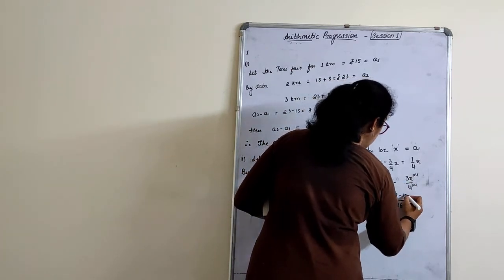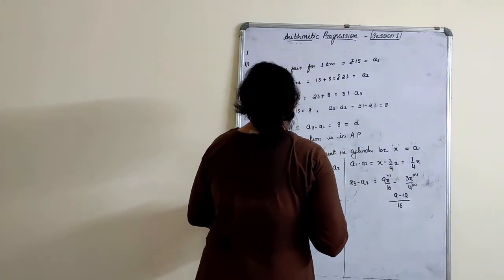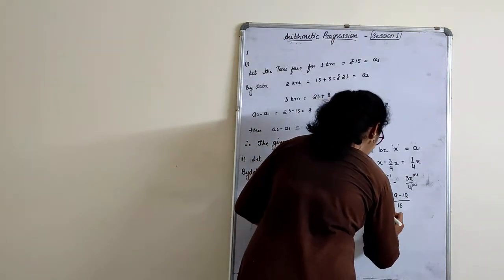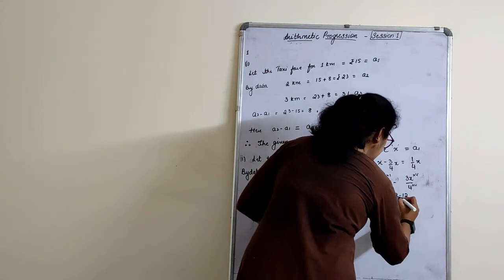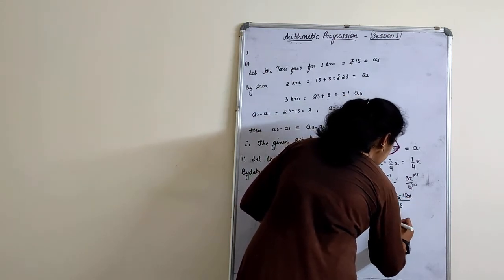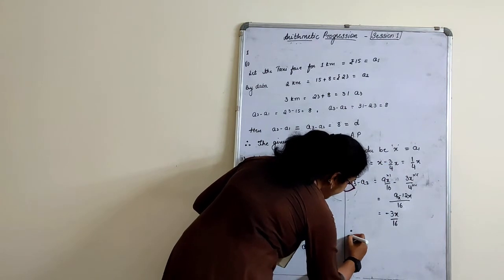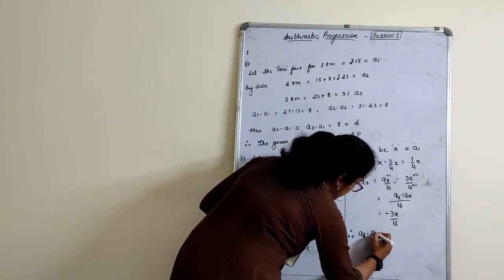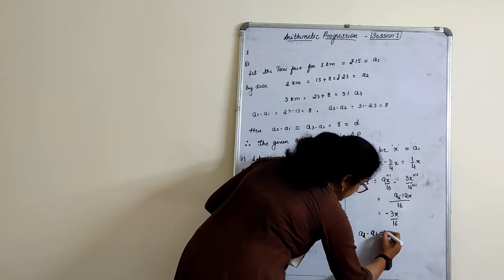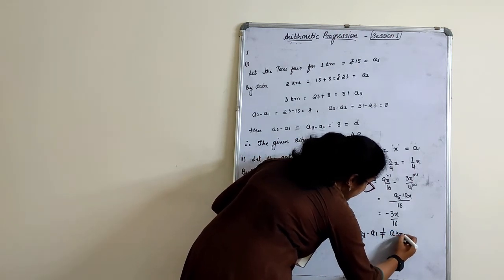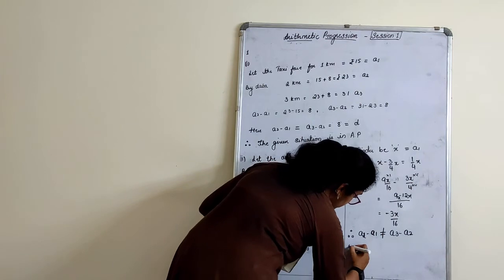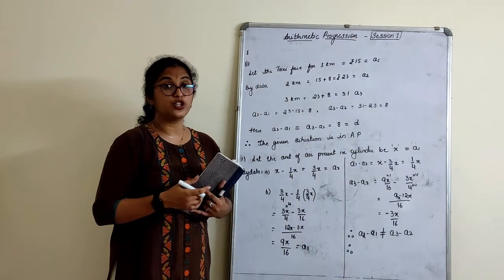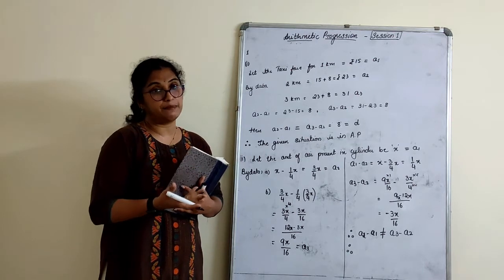So this is 9 minus 12 that you get here. So 9 minus 12 is minus 3x by 16. Therefore, A2 minus A1 is not equal to A3 minus A2. Therefore, what conclusion will you give here? The given situation is not in AP.